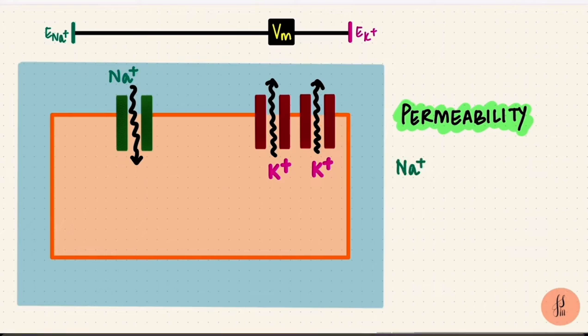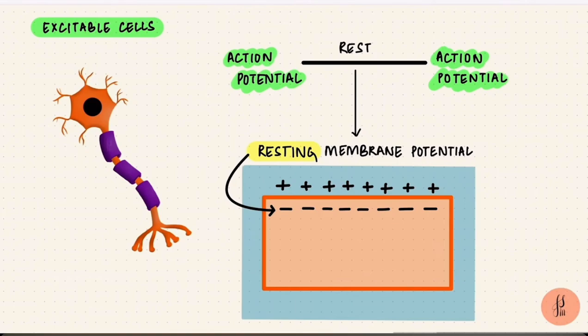The same thing happens if we include multiple ions. Whichever ions have the higher permeability will have a greater influence on the membrane potential. So multiple ions make their contribution, making the resting membrane potential negative. The value is different for different cells, but for most neurons, it's around negative 70 millivolts.